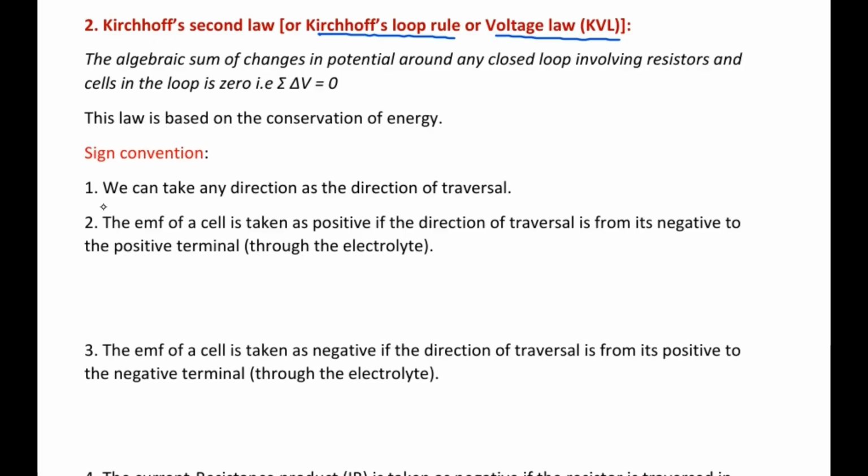The algebraic sum of the changes in potential around any closed loop involving resistors and cells in the loop is 0. Mathematically, we can write summation of delta V is equal to 0. And this law is based on conservation of energy.